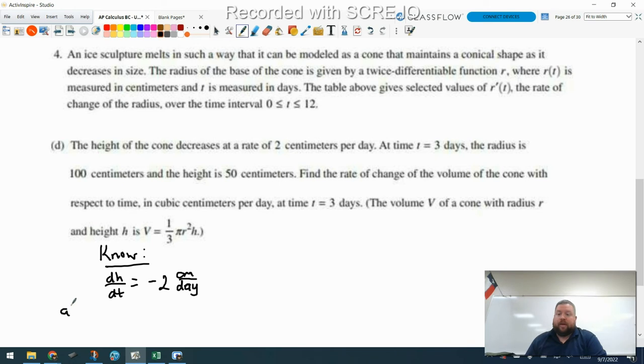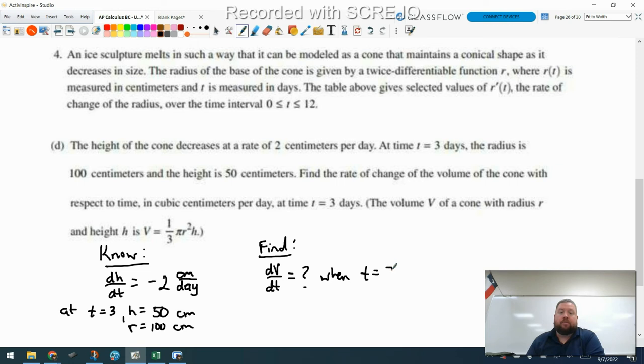So at t equals 3, h is equal to 50 centimeters and r is equal to 100 centimeters. Find the rate of change of the volume, dV over dt, with respect to time in cubic centimeters per day, when t is equal to 3.